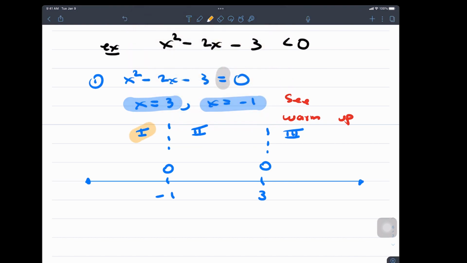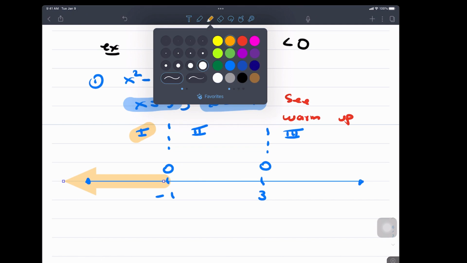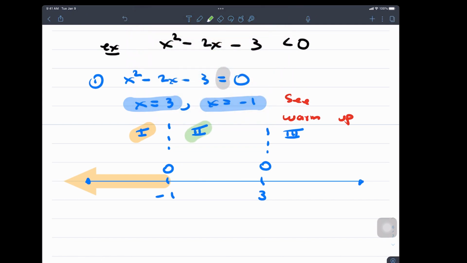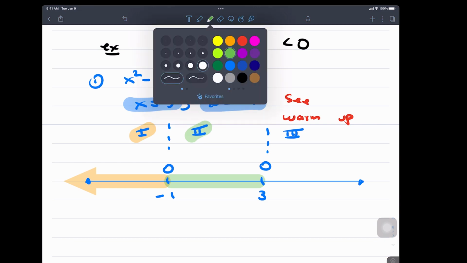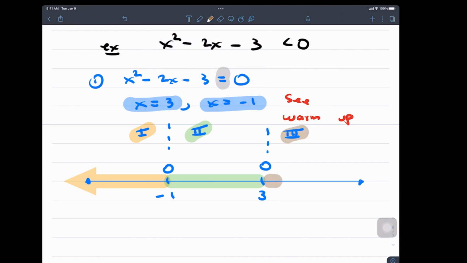Go back and read region 1. These are numbers that are smaller. They're to the left of what? -1. Region 2, right in here, are numbers that are between -1 and what? +3. Okay? Region 3 are numbers that are bigger than what? +3. Okay, so this is step number 2 in your process. Okay, sign analysis.